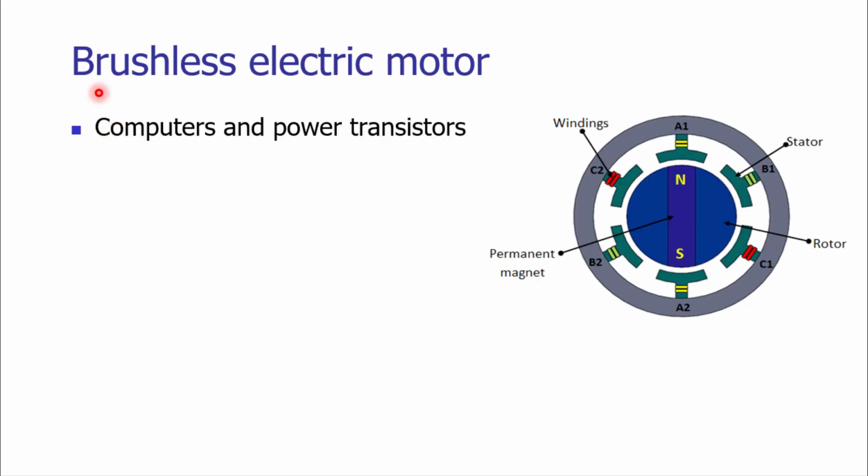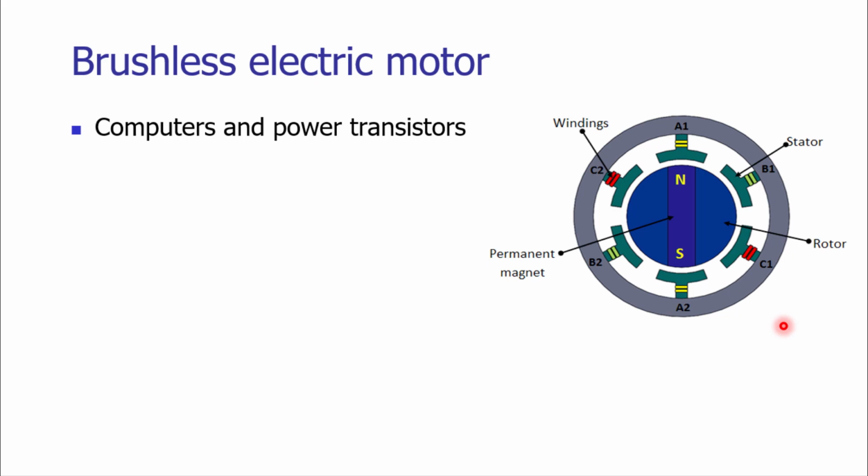The next variant of DC motor is the brushless DC motor. As we have seen in the brushed DC motor, there is wearing of the brushes, which is affecting the performance of the DC motor. To eliminate this drawback, an arrangement has been developed which can be seen on your screen.